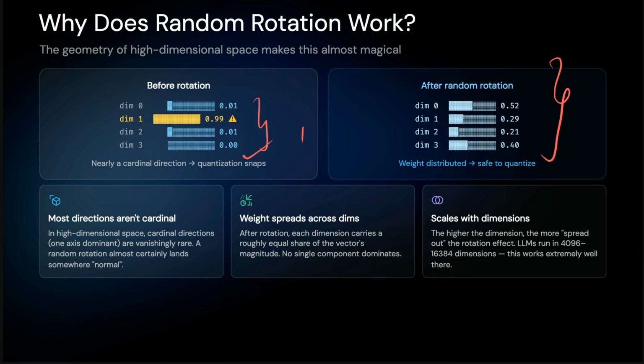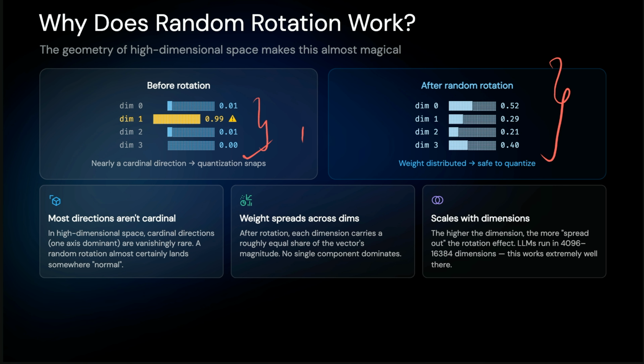If you do any random rotation, it will land somewhere where the weight is distributed evenly. If we keep increasing the dimensions, like 4096 dimensions, this effect becomes more and more pronounced. The TurboQuant paper proves the same thing mathematically, and it gives an exact distribution bound. But the overall intuition of random rotation is straightforward.